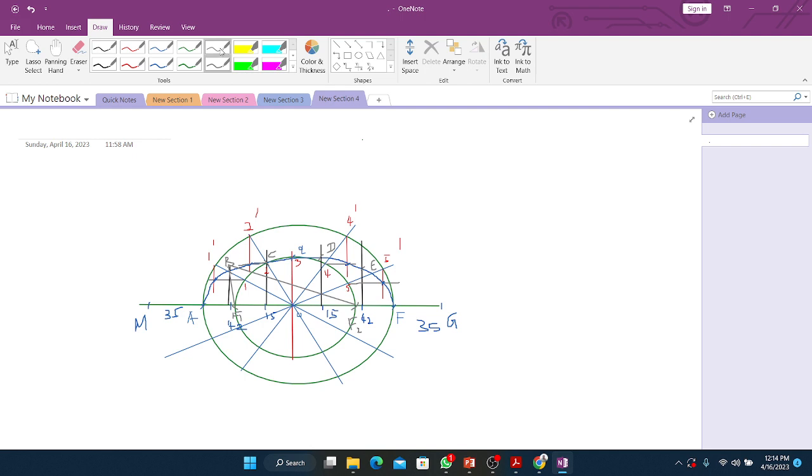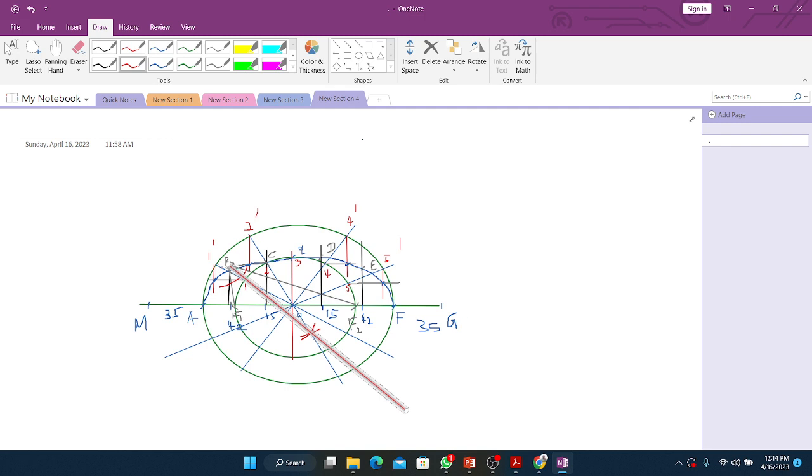The way to bisect this angle is, you draw an arc like this, and from here you draw two arcs of the same distance, keeping your compass here. The easiest way, from O level or N level, you can draw the bisector of this angle F1B F2.